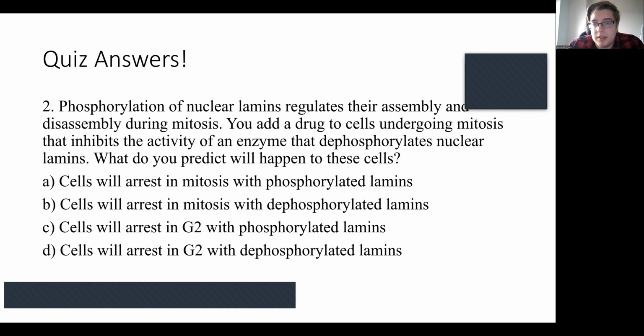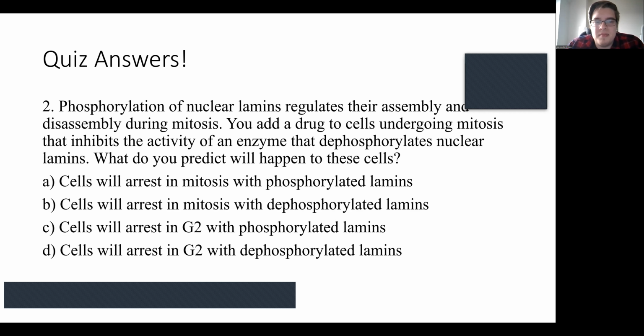Well, we know that the lamins are important in actually undergoing mitosis, and G2 is not happening in mitosis. It is part of interphase, so we can toss out C and D automatically. So then we have to remember whether it is going to be phosphorylated lamins or dephosphorylated lamins. Well, the answer is fortunately in the question.